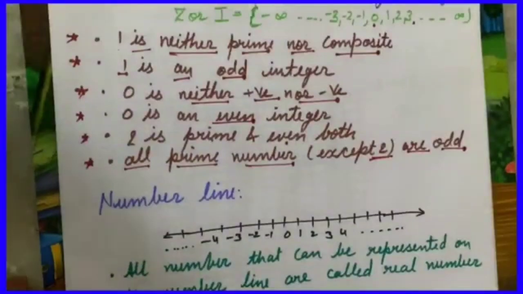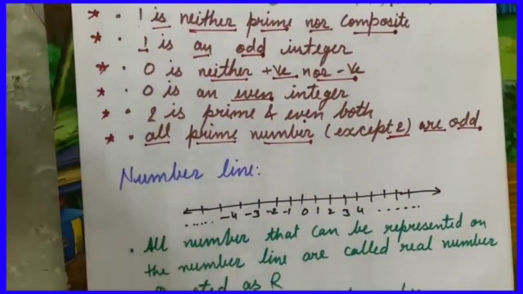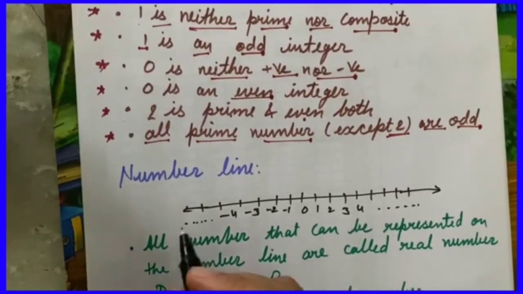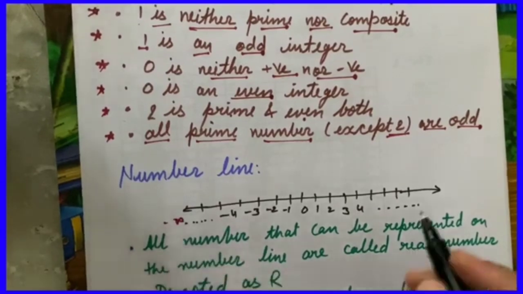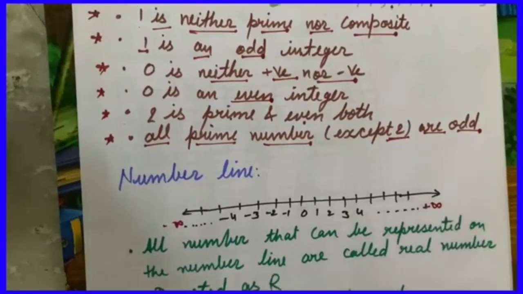Now let's talk about number line. What is number line? Number line is a line between negative infinity and positive infinity. Negative infinity is on the left side and positive infinity is on right side. You can see this number line.